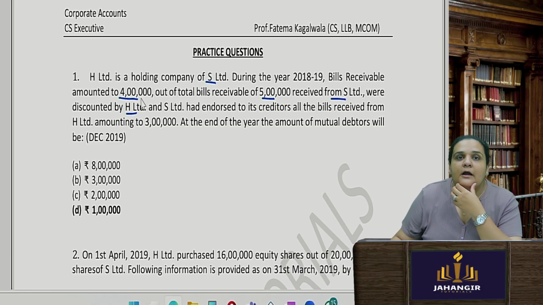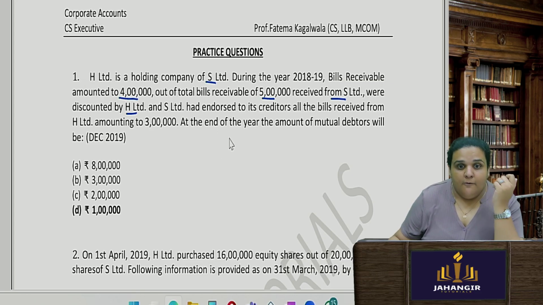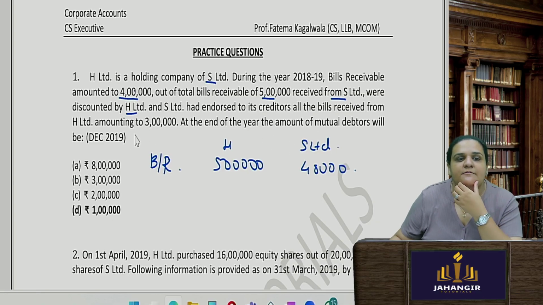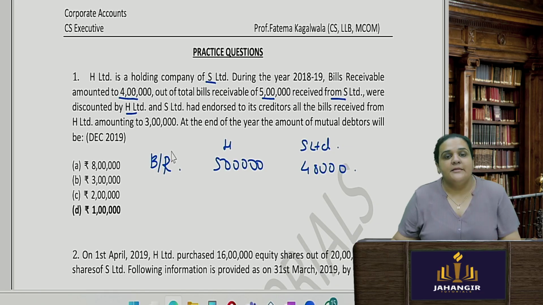Total receivable was 5, but out of that 4 was discounted by H. Okay. So H Limited and S Limited, bills receivable, out of the total of 5 lakhs. S Limited had endorsed to its creditors bills received from H Limited amounting to rupees 3 lakhs.